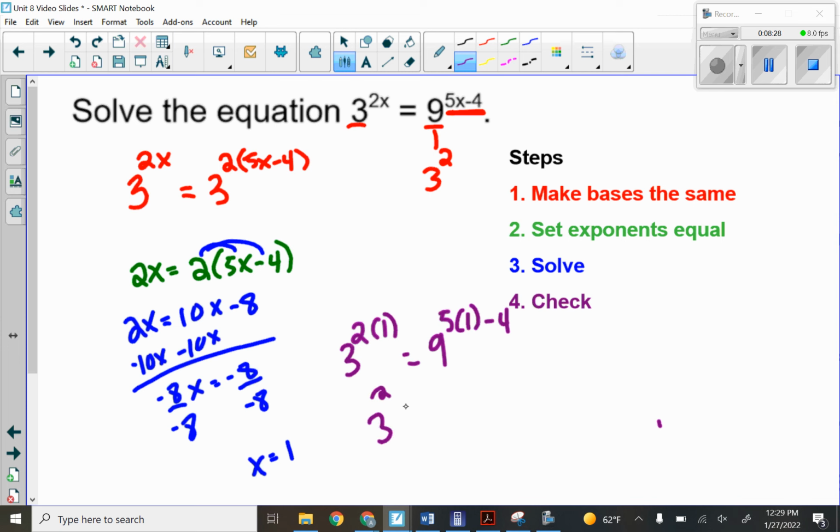So 3 squared equals 9. 5 times 1 is 5, minus 4 is 1. 3 squared is 9. 9 to the first is just 9. Check. Our answer, x equals 1, is correct. And that's how we solve when we have the same base.